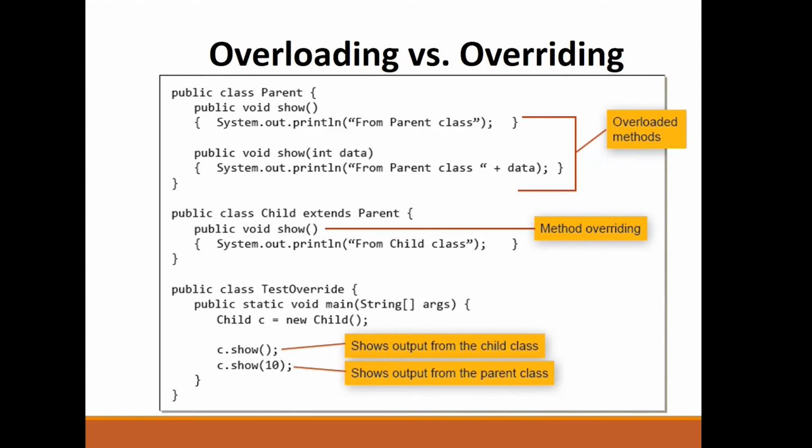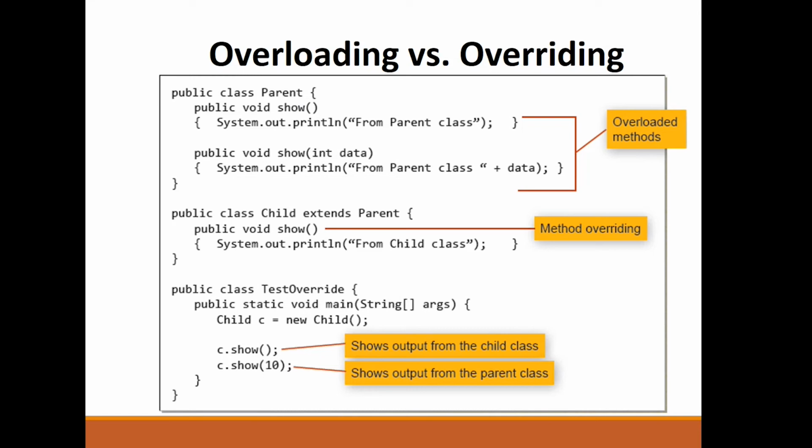Now, try to see the child. That is on the parent class. Now, look at the child class, which extends parent. It means child is now a subclass of parent, and it can now use the method show.